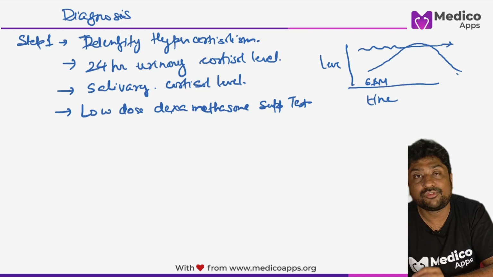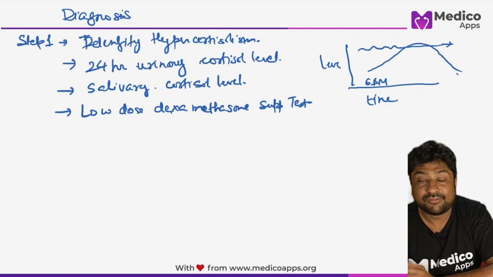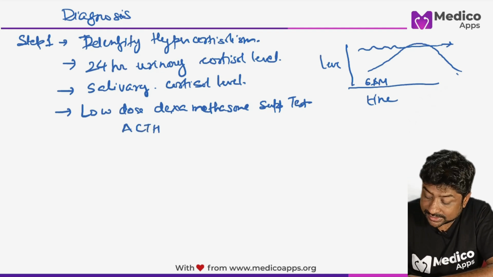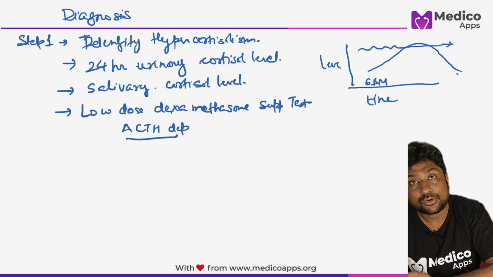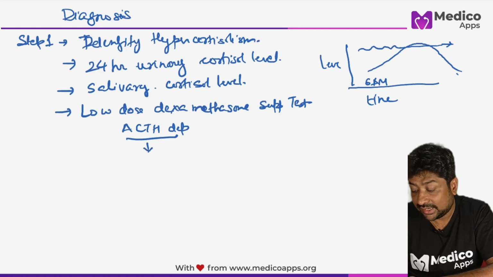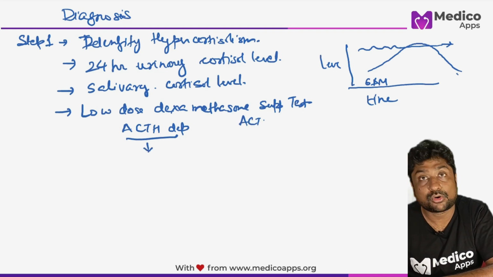So what happens is we give low dose dexamethasone 0.5 milligram every 6 hourly, and we see if there is a suppression of the cortisol levels. So what happens if it is an ACTH dependent cause like pituitary adenoma or small cell cancer, then there will be a decrease in the cortisol level.